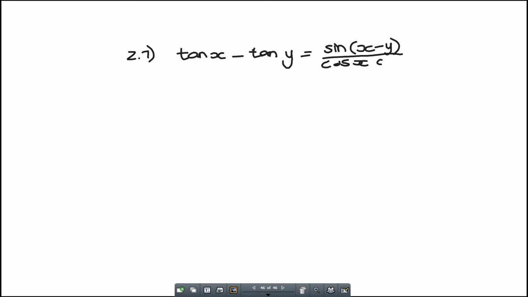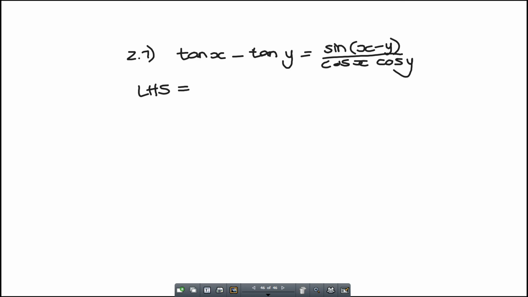Right, 2.7. Okay, goed. Let's work with the left-hand side.